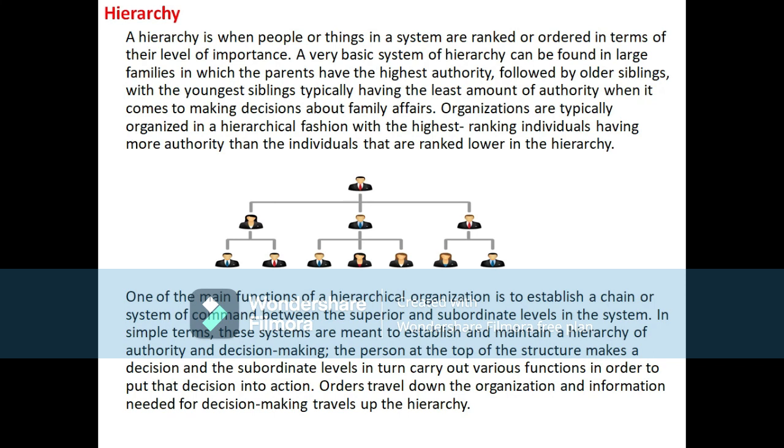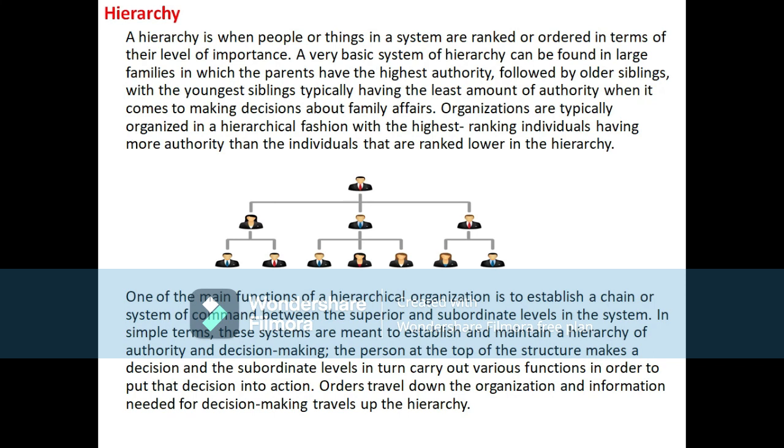The literal meaning of hierarchy is the rule or control of the higher over the lower. A group of people arranged in order of rank is also considered as hierarchy.